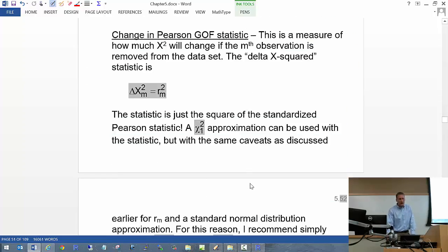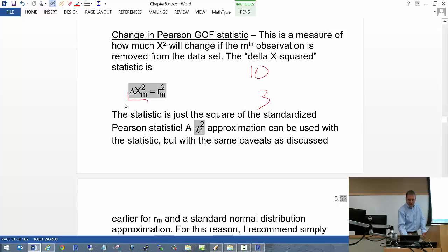Another measure that you could use is what's called the change in the Pearson goodness of fit statistic. That kind of makes sense to do, because the Pearson statistic measures overall how good your model is. If you remove an observation from the data set, re-estimate the model, and let's say X squared changes a lot, maybe it was 10 with all of your data, and then it drops down to 3 with all your data except for that one observation, then that's a big difference, and maybe this observation is influential.